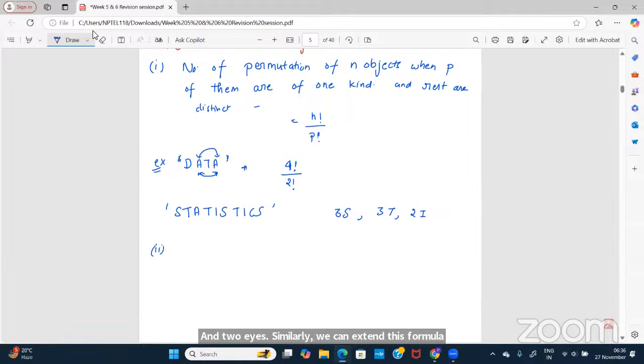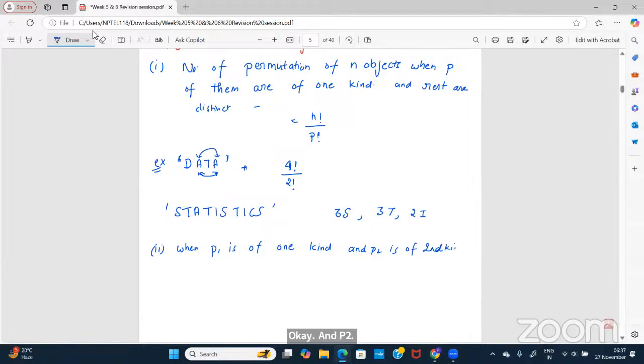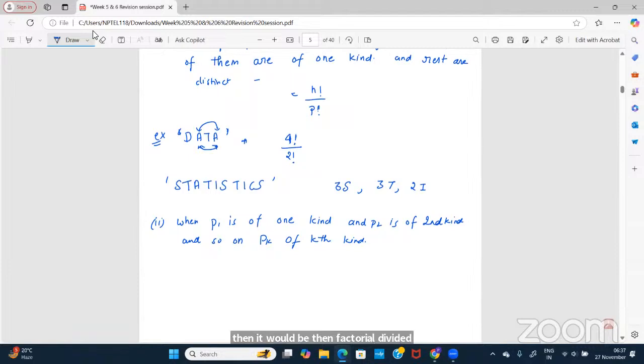The condition is that the number of permutations of n objects, when p1 are of one kind, p2 are of second kind, and so on, pk of kth kind, is n factorial divided by p1 factorial into p2 factorial up to pk factorial.